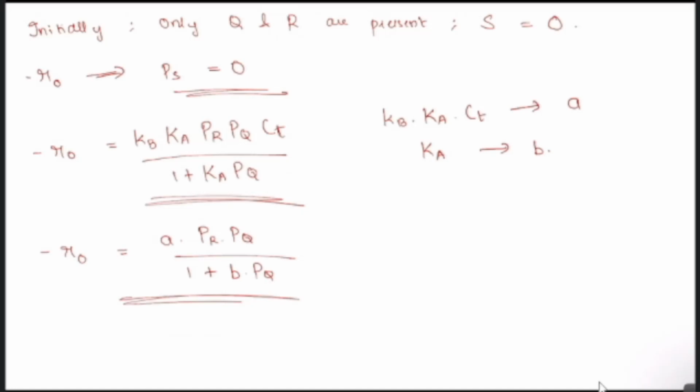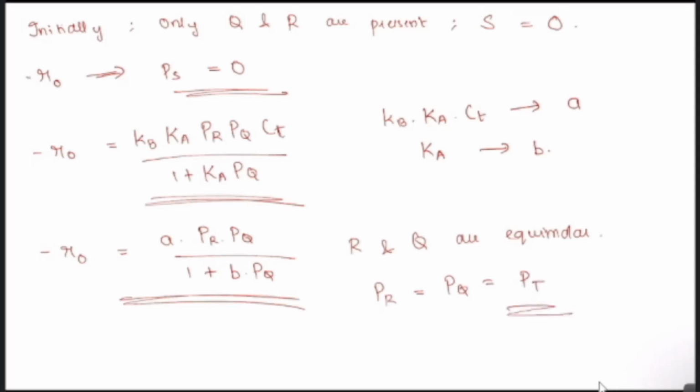Okay. Now, since they have given in the question that R and Q are equimolar in the system, that means we can take PR equal to PQ, and that will be equal to the pressure PT.